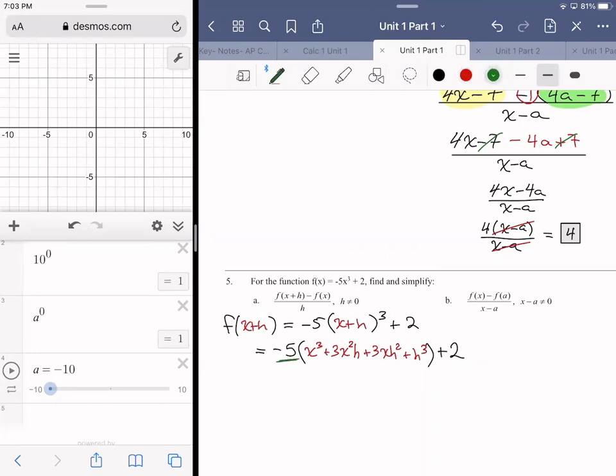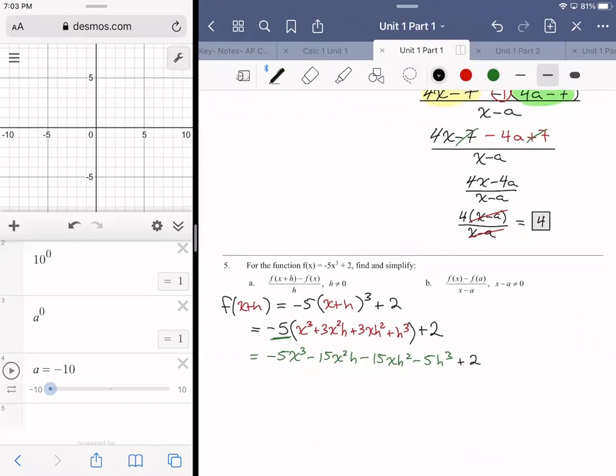So I'm going to run through with the -5. The -5x cubed minus 15x squared h minus 15xh squared minus 5h cubed, and then plus the 2 that was already along to the right. So that's our f of x plus h part of it.